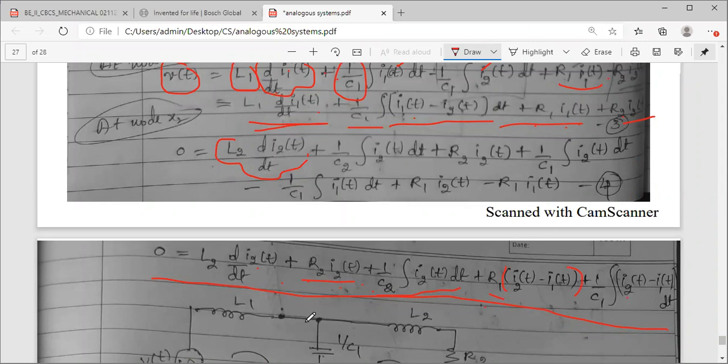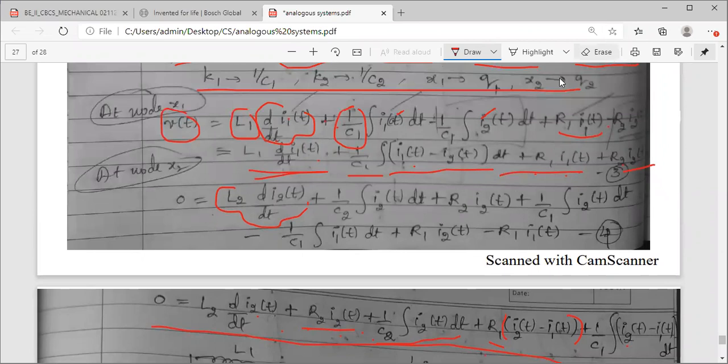So this is your second equation you get after using these analogous quantities. Once you get these two equations, now you have to go for observation. Observe the two equations. Let me erase everything and put those two equations which we will now refer in circle.